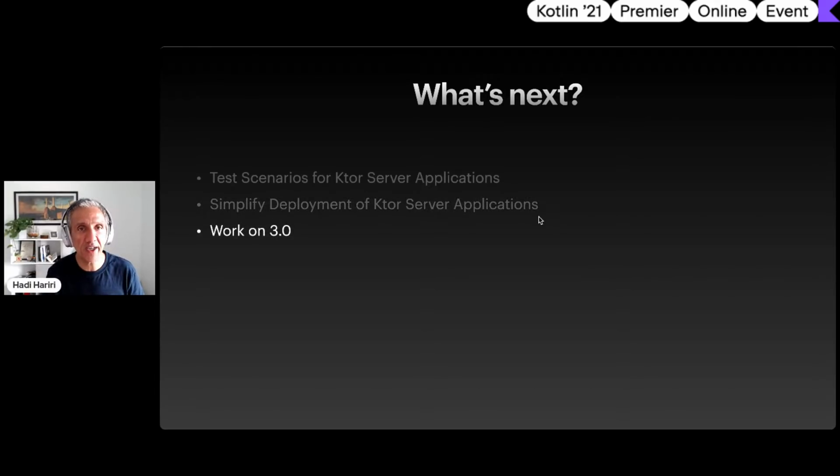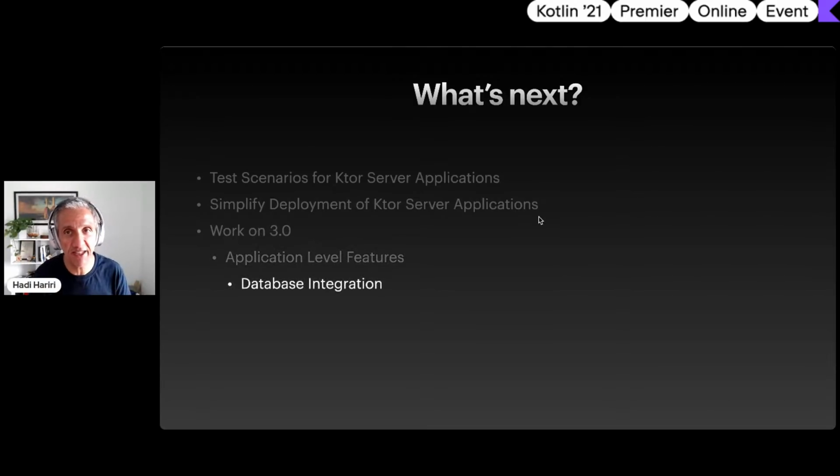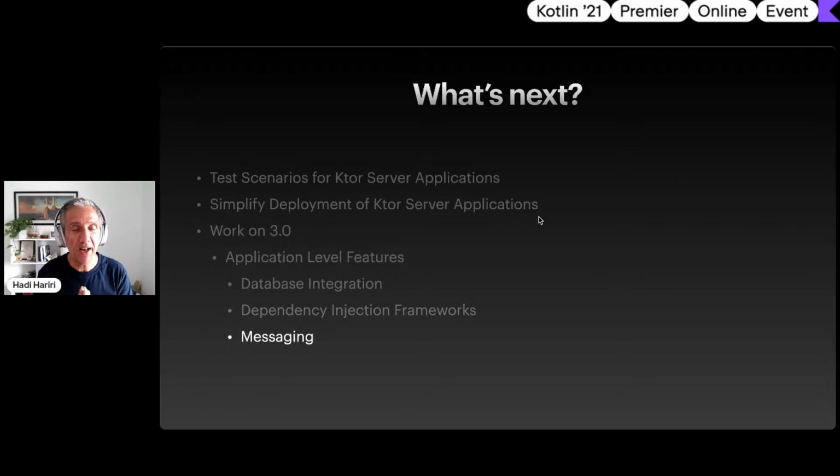And then, of course, we're working on 3.0, which is application level features. What does this mean? So in 1.x we started to fix a whole bunch of bugs, make plans for 2.0, and we've been working on 2.0 and setting the groundwork. The next step is some of the things that people are asking for, such as database integrations, dependency injection frameworks, messaging. But I want to stress something here, especially with dependency injection frameworks.